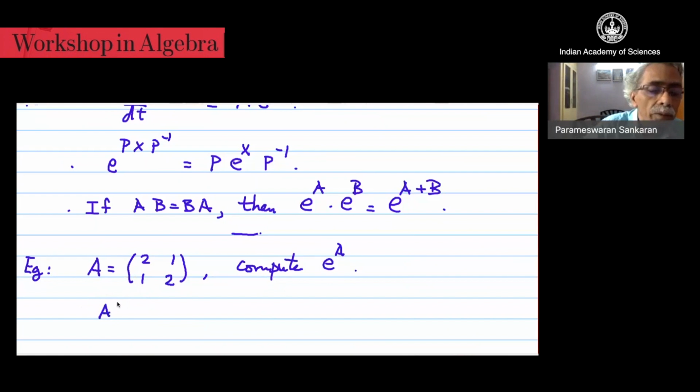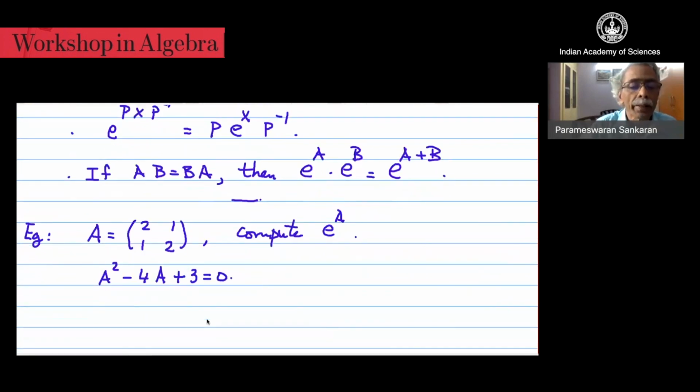So A satisfies A square minus trace, so 4 times A, plus determinant, which is 3, equals 0. So A square is equal to 4A minus 3, and repeatedly, A cube is 4A square minus 3A, and you substitute for A square and so on.